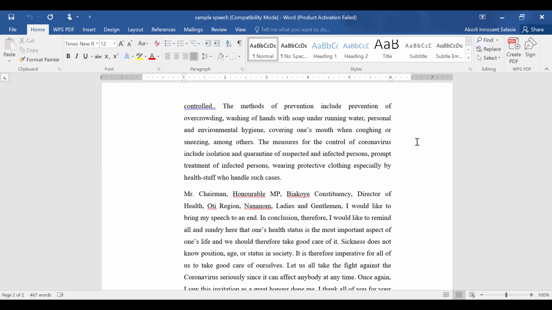Mr. Chairman, Honorable MP, Biakuye constituency, Director of Health, Oti Region, Nananom, ladies and gentlemen, I would like to bring my speech to an end. In conclusion, therefore, I would like to remind all and sundry here that one's health status is the most important aspect of one's life and should therefore be taken good care of.